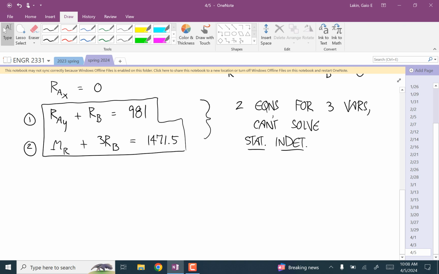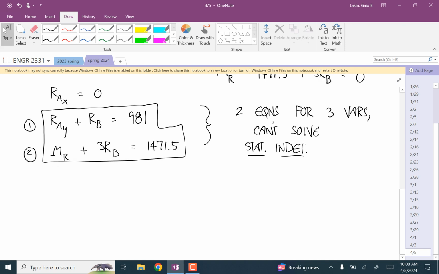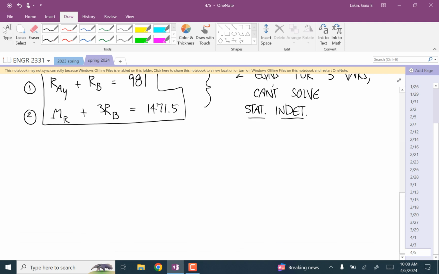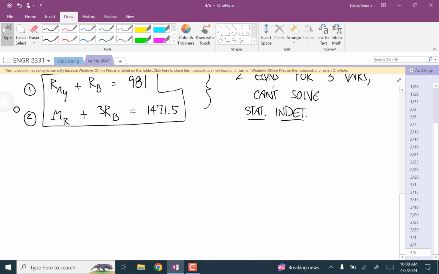Okay, so now we're going to use beam deflection to come up with the extra equation that we need to solve this. We know that the bending moment over the flexural rigidity is equal to the deflection double prime.